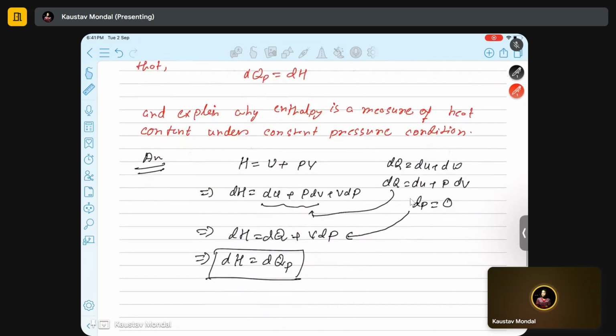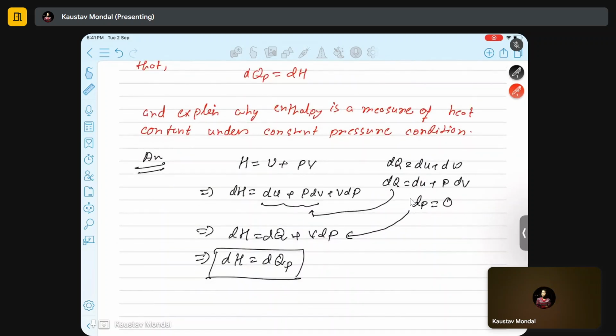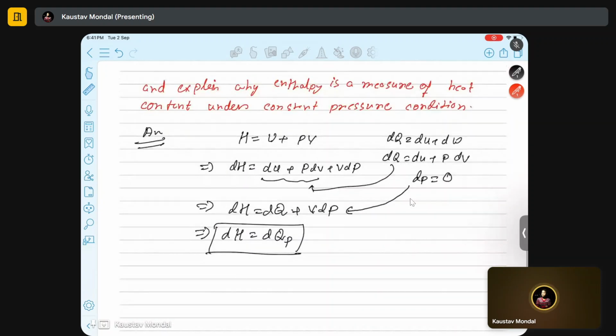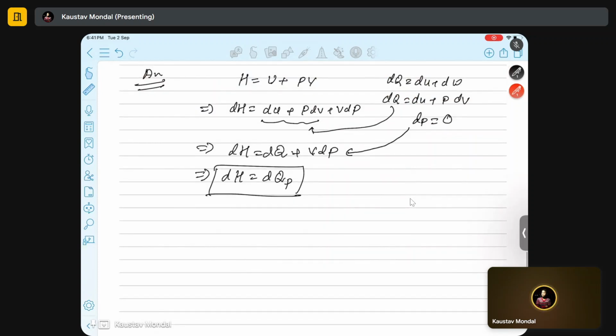That actually tells us that enthalpy is nothing but, so this basically tells us, if someone asks you the proper definition of enthalpy, this is one of the many ways by using which you can explain.